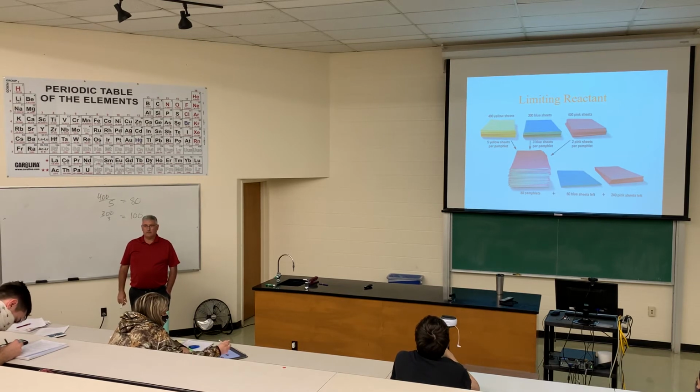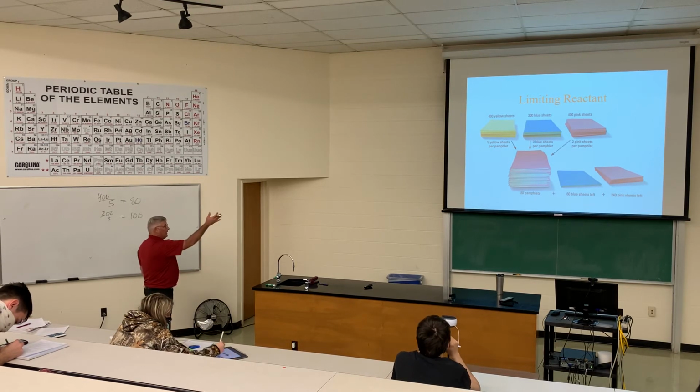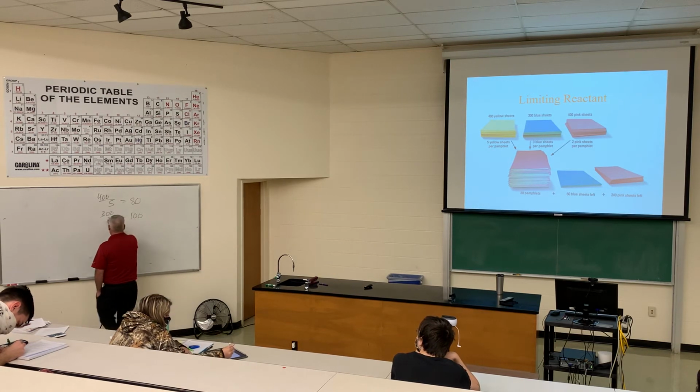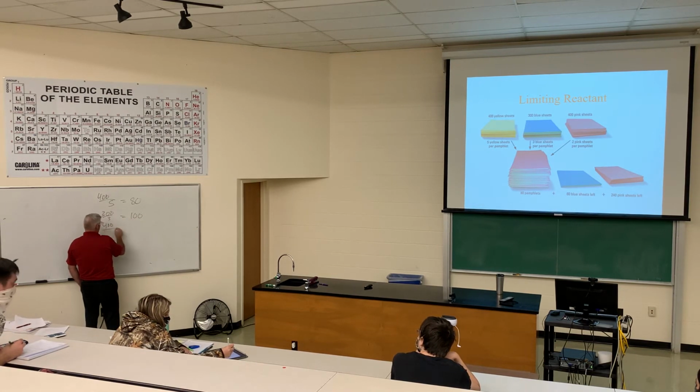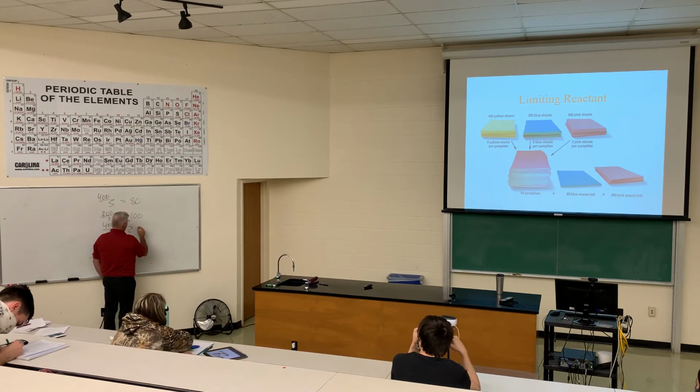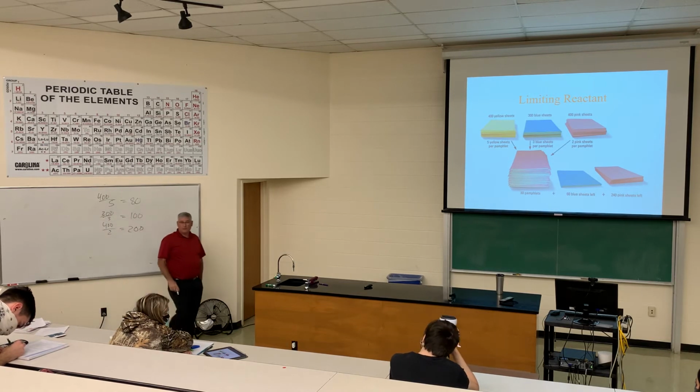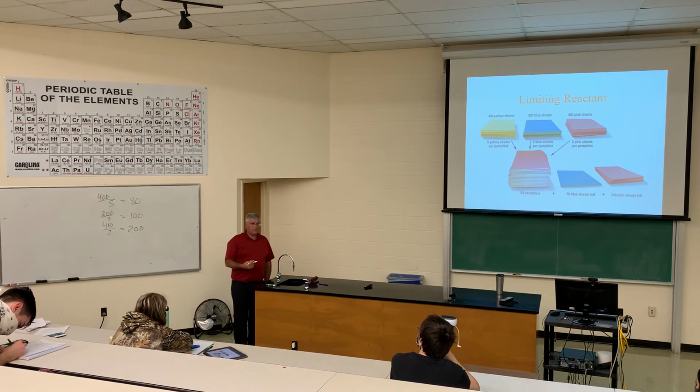You guys with me? Yeah. And then we have 400 pink sheets, right? And so 400 pink sheets, we need 2 of those per pamphlet, and so that's 200 pamphlets that we could make with the pink. Okay.